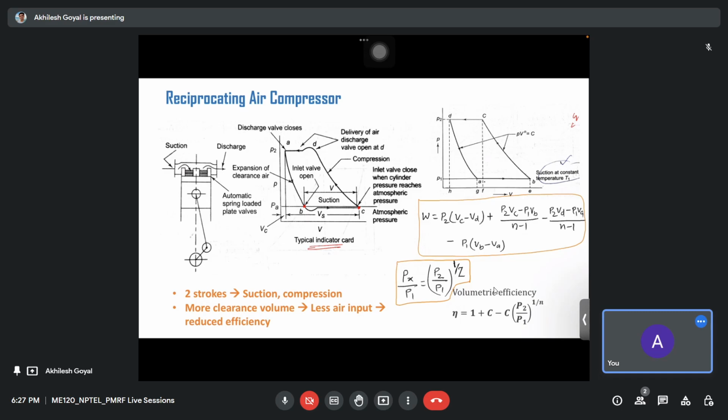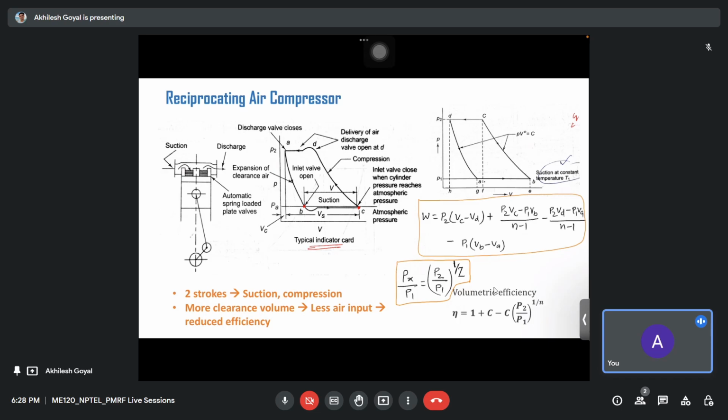Once the air is sucked into the cylinder and the direction of the piston changes, the piston starts moving in the upward direction and starts to compress the air inside the cylinder, and the pressure starts rising from point C to D. At some point D, when the pressure inside the cylinder is higher than the discharge pressure in the storage, the outlet valve opens and the compressed air starts discharging into the storage cylinder.